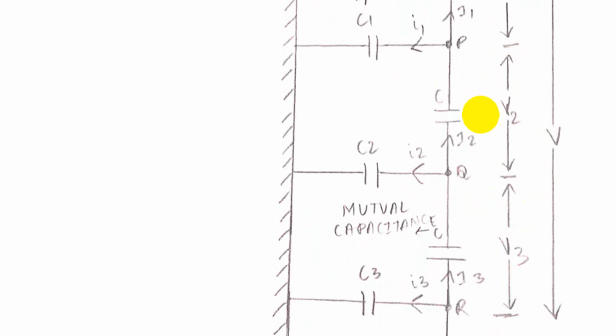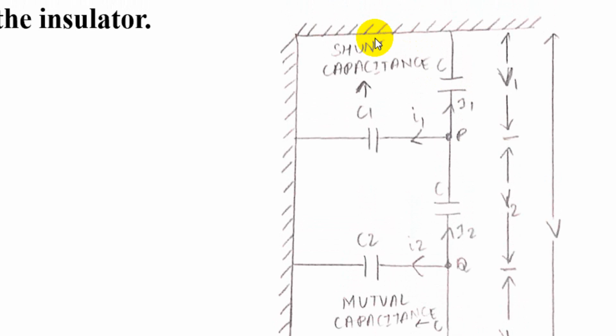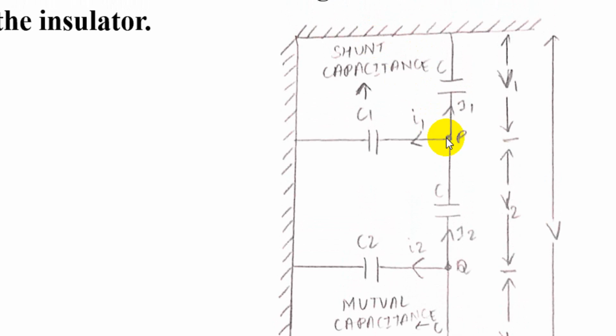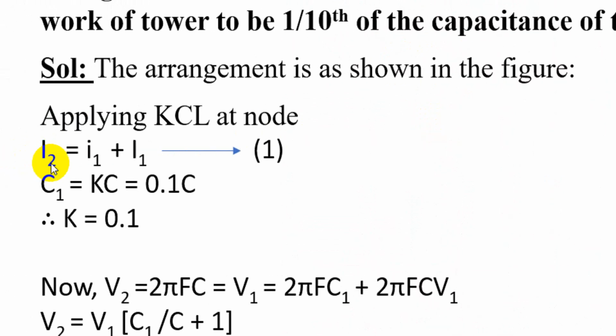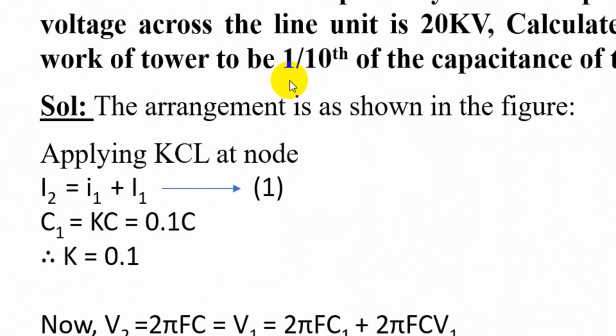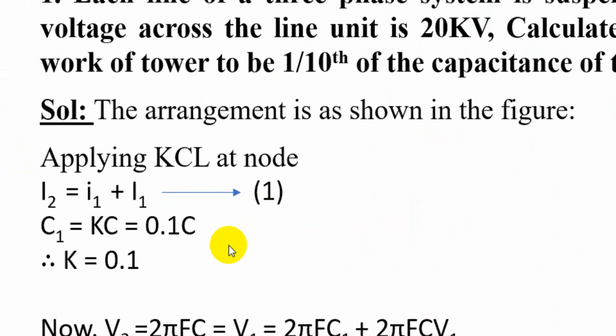Now applying KCL at the junction point P, the incoming current is I2, which is equal to small i1 plus capital I1. We know that C1 is equal to K times C, which is 0.1 C. They have given 1/10, so the K value is 0.1.